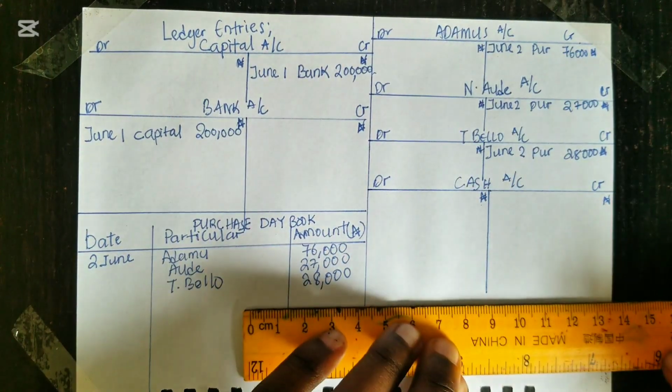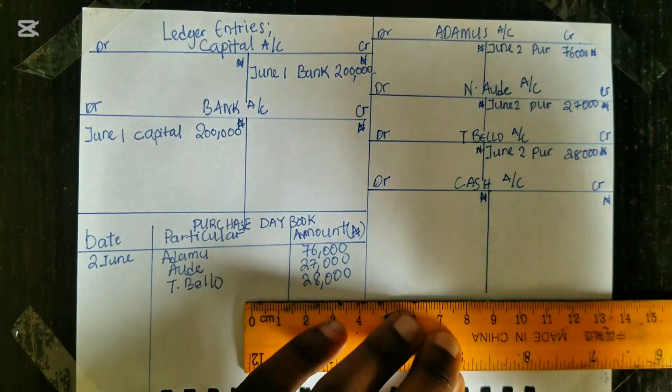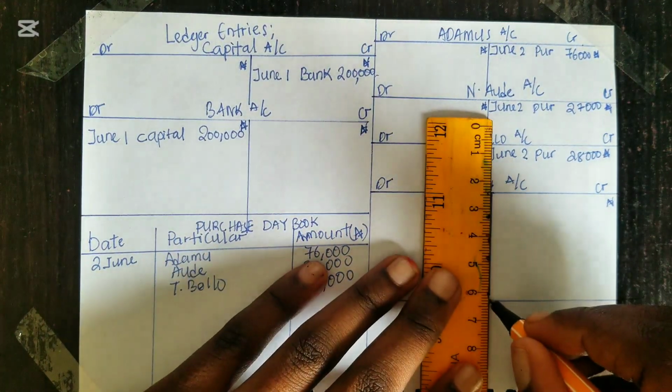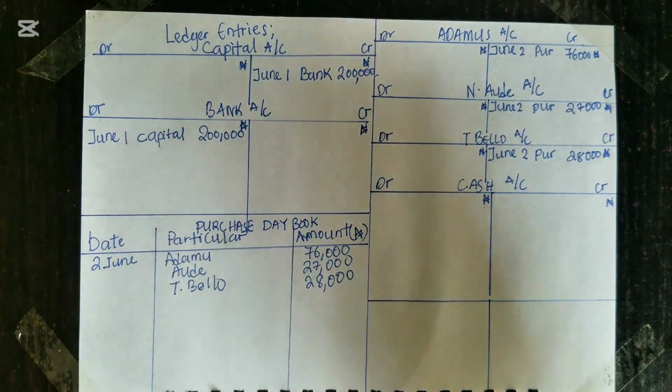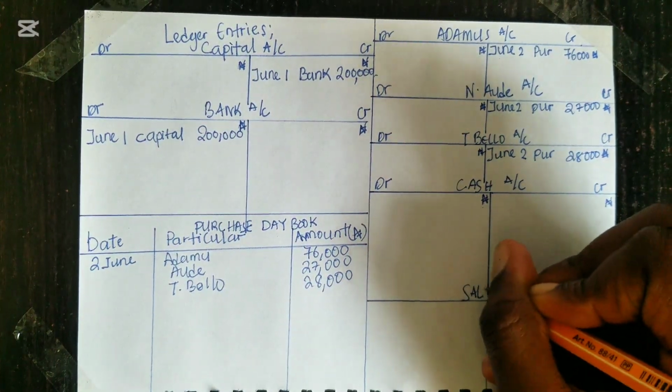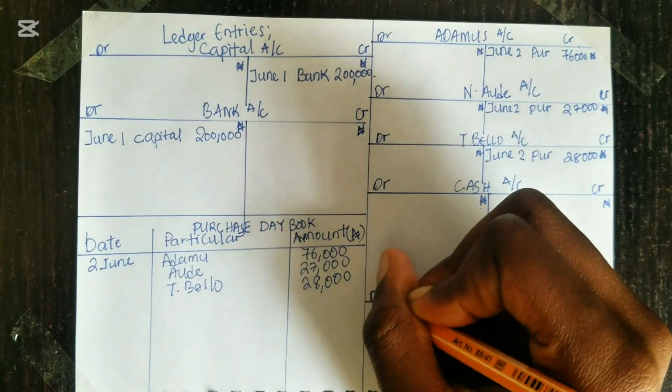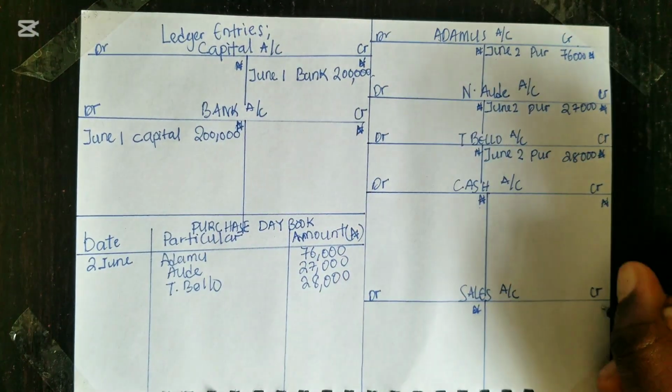Then our sales will be here. We can use this as our sales account, credit, debit, naira sign.